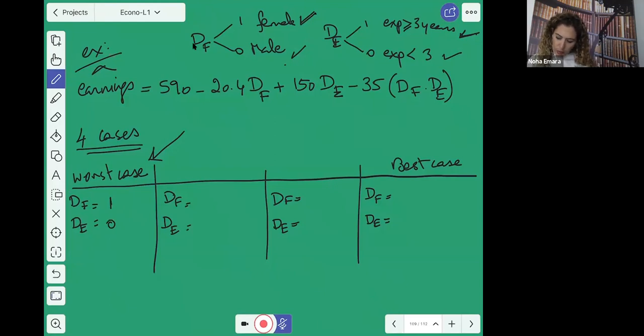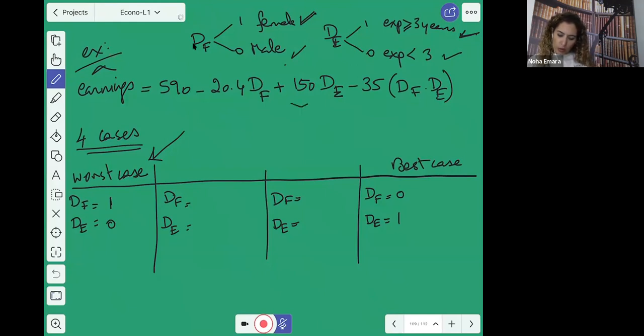And then this definitely would be a male with more than 3 experience. Then I have 2 intermediate cases in between, where we are not 100% sure which one is stronger, the female factor or the experience factor.